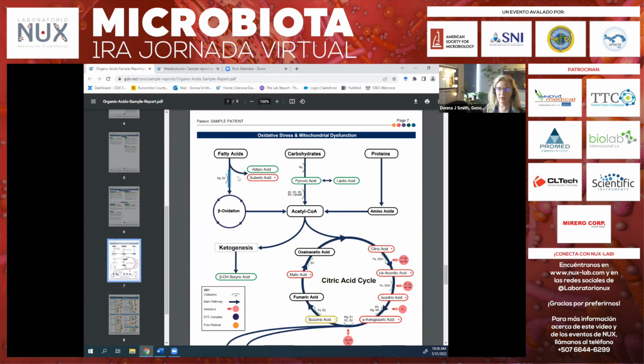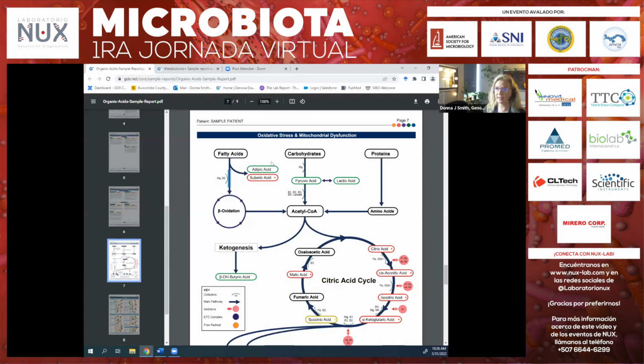And so whenever those are elevated, that lets us know that this primary pathway may not be working optimally. It could indicate a need for cofactors along the pathway here. And that would be your magnesium, your B2, and you could write in carnitine here as well.